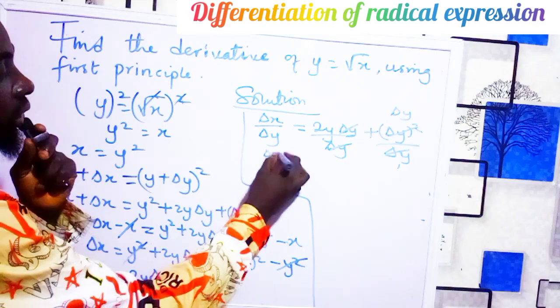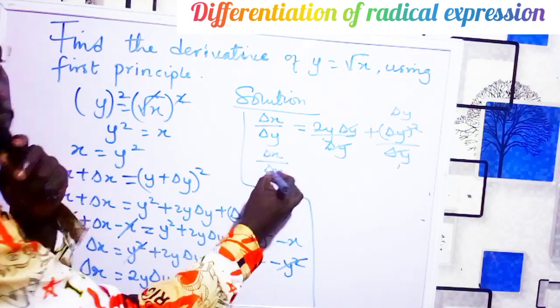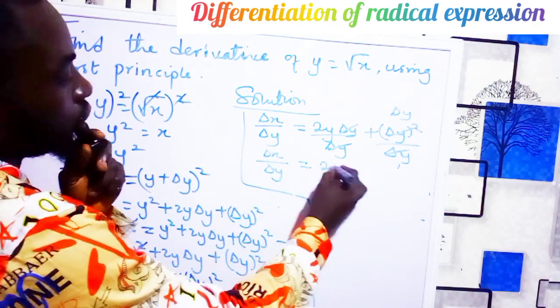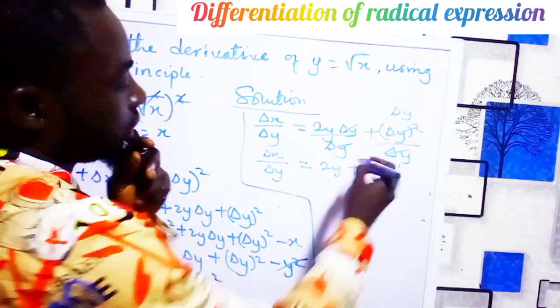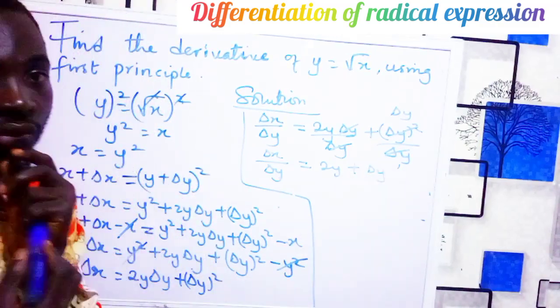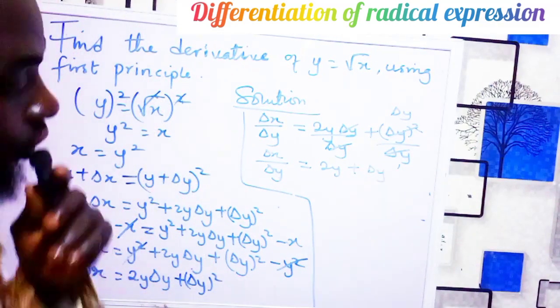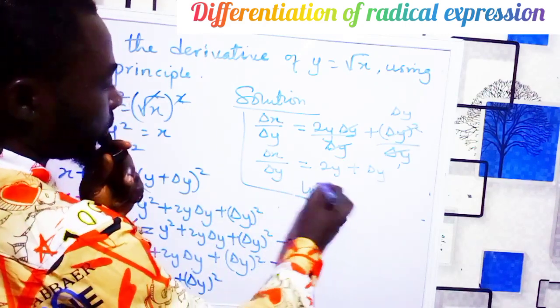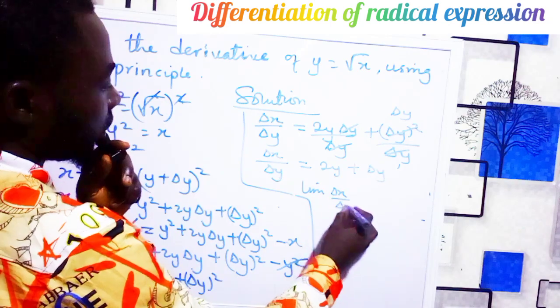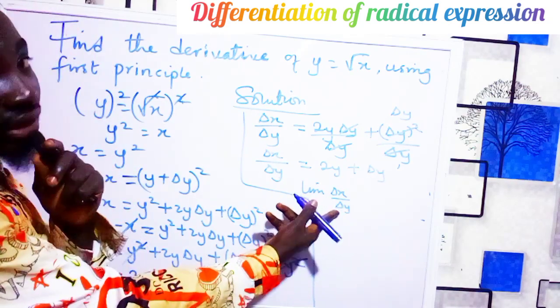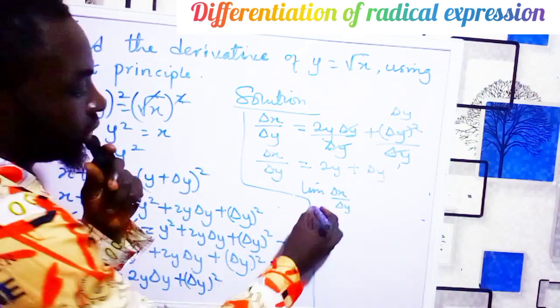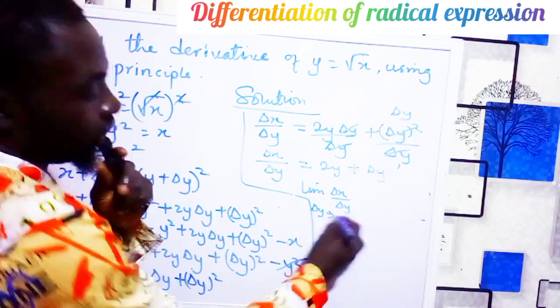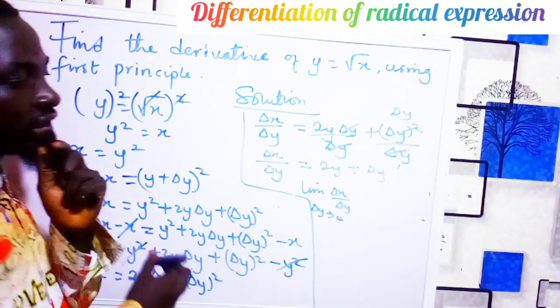You are left with delta x over delta y equals 2y plus delta y. Now the next thing is to find the limit of this, which is the last step. That will give us delta x over delta y. This time around delta y is down, so it will be as delta y tends to 0, not delta x.